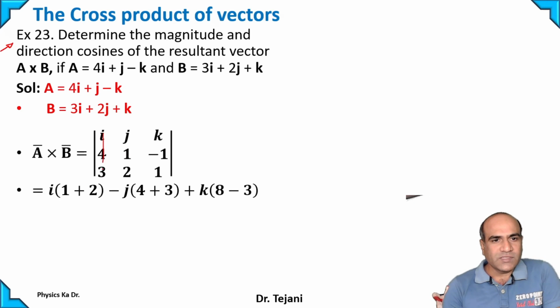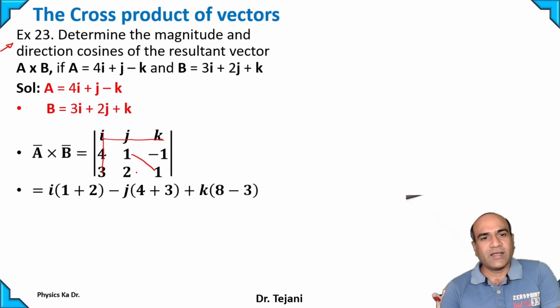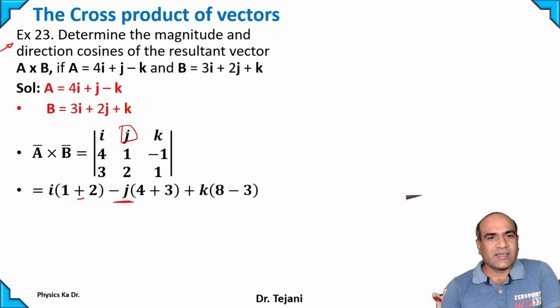For the first i, multiply 1 by 1, minus minus becomes plus, 2 multiplied by minus 1 becomes 2. Second is minus j, hide this row and column. 4 multiplied by 1 becomes 4, minus minus becomes plus 3. So 4 plus 3.